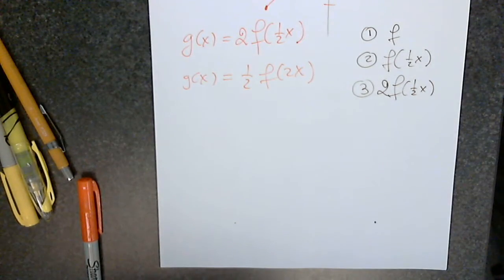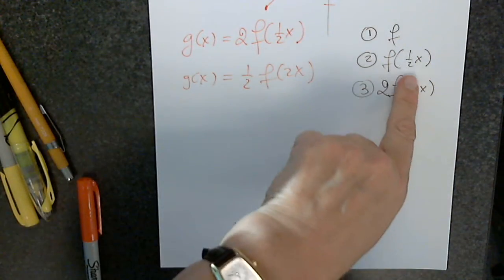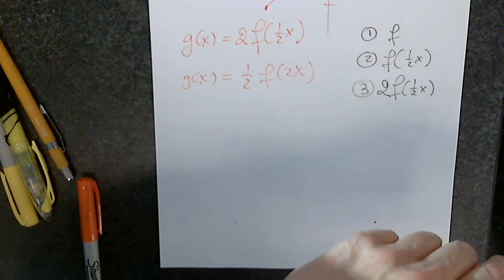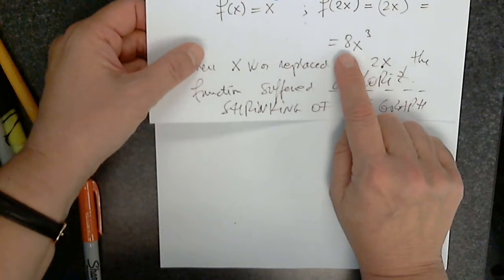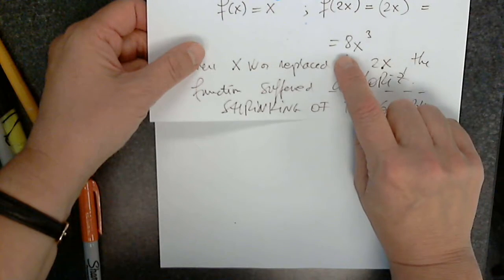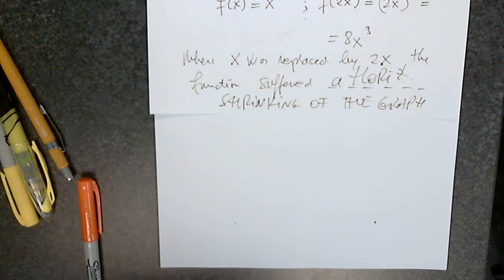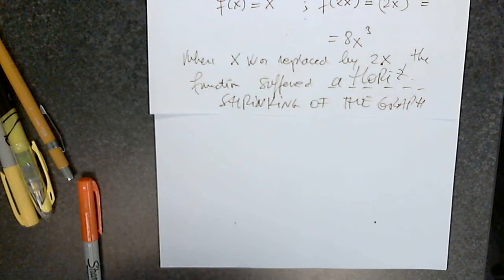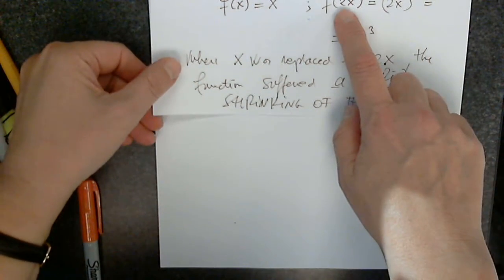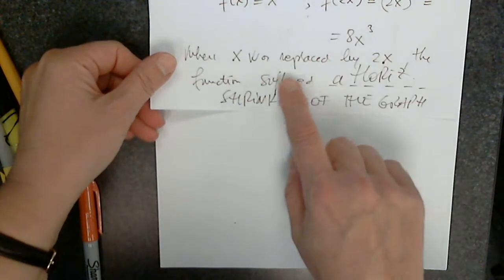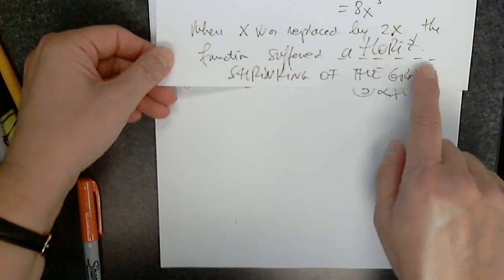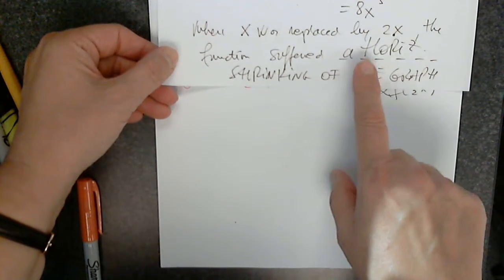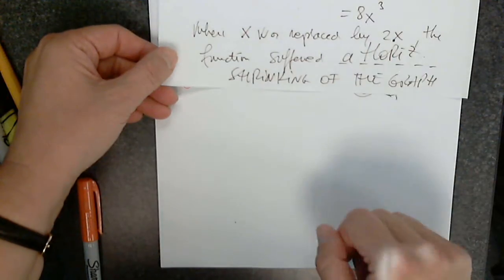Exactly. Because if you put 1/2 in here, you will have 1/8 times x cubed. And if this is x cubed, what will happen with 1/8 x cubed? This or this? This. That's the reason why when I change x into 1/2 x, the function will suffer horizontal stretching of the graph by a factor of whatever.